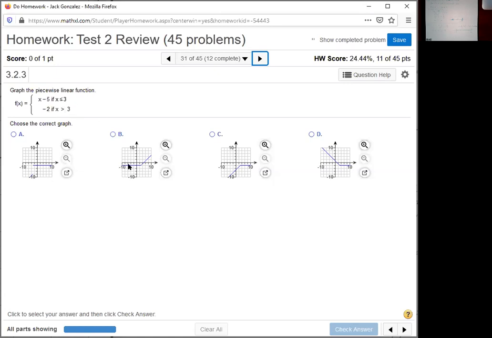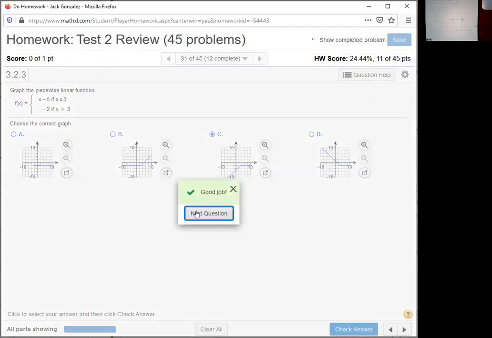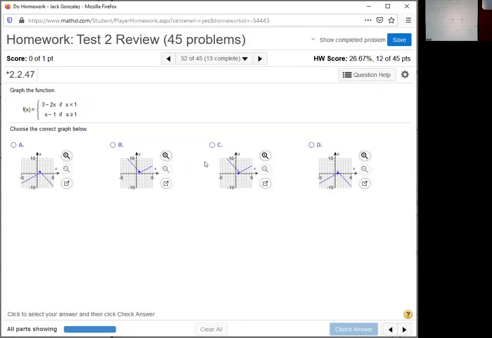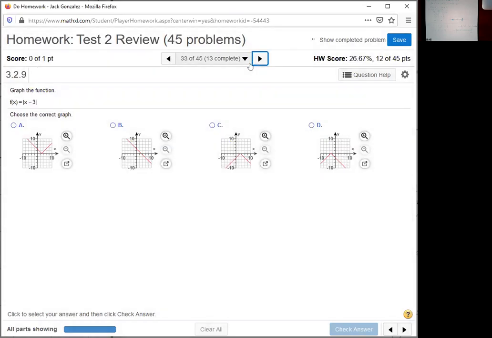So you should not have this horizontal line unless it's above 3. So the only one that makes sense, I think, is the... graphing them separately should help put it together because you can eliminate quite a few things. This is just a graph.